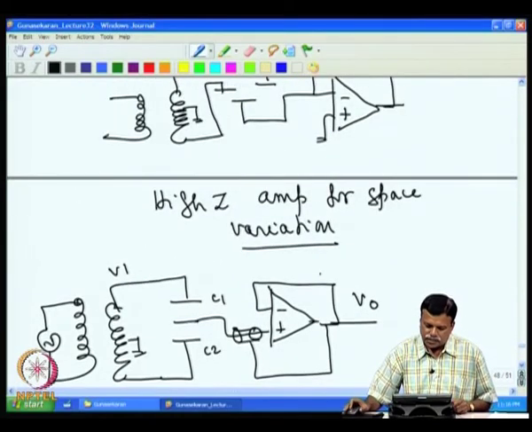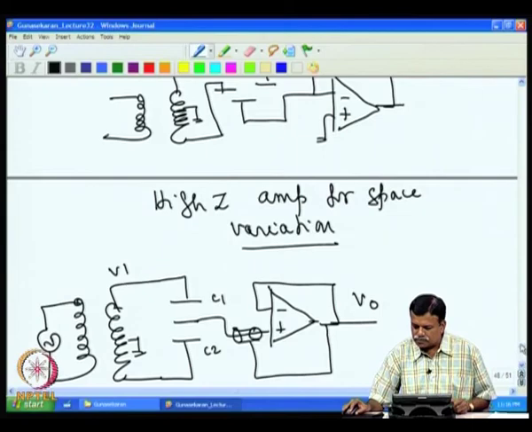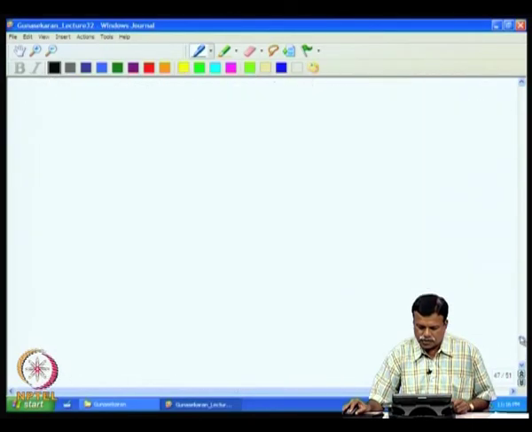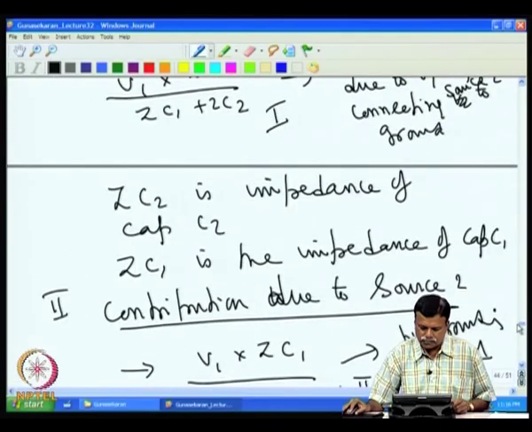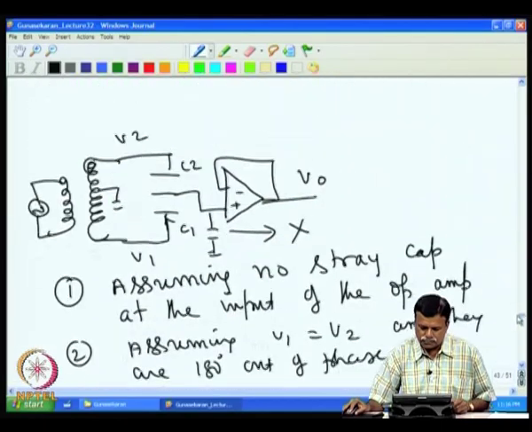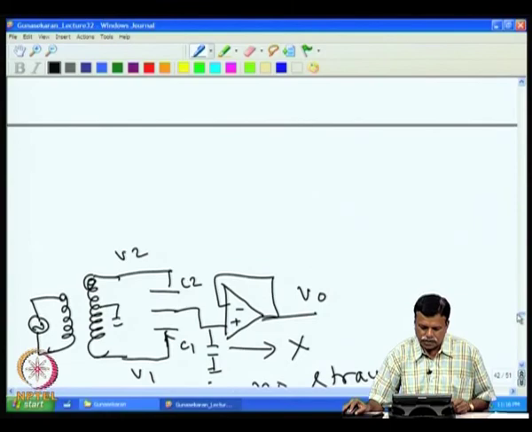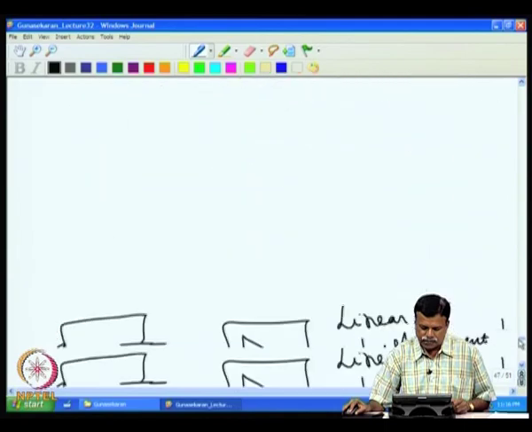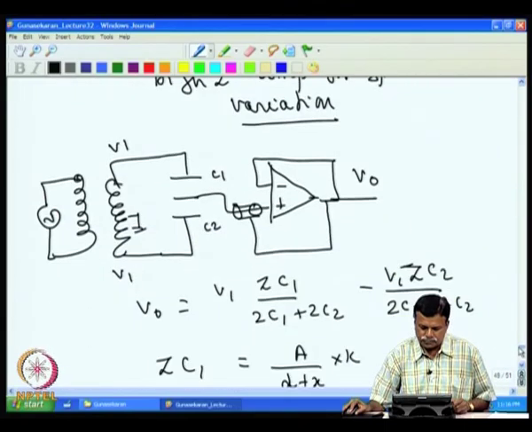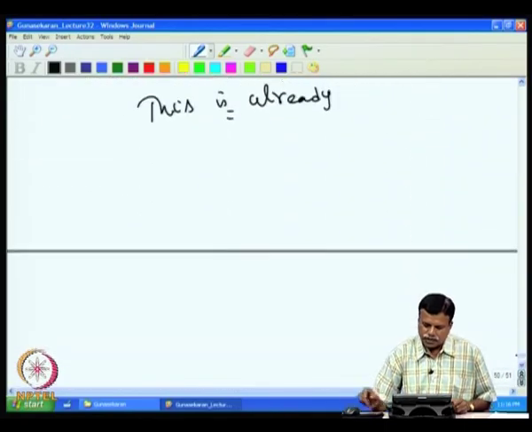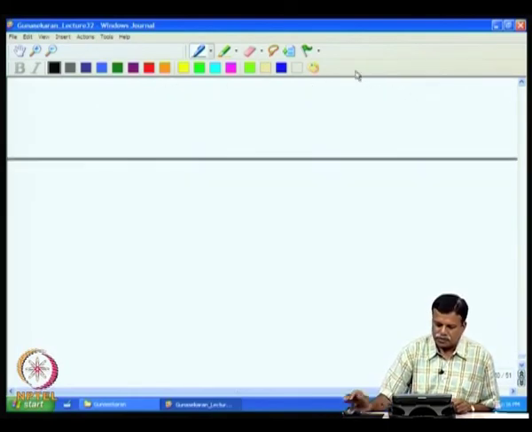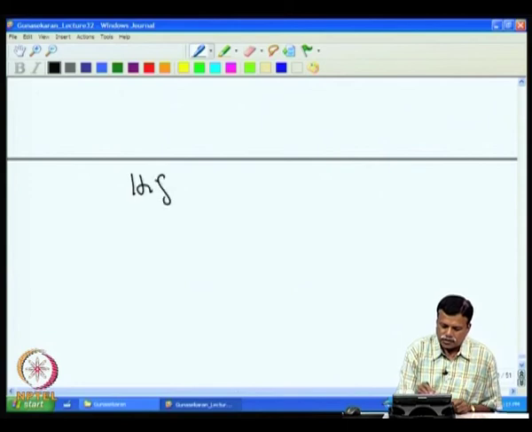IZ for space variation was already done. I will do now IZ for area variation.